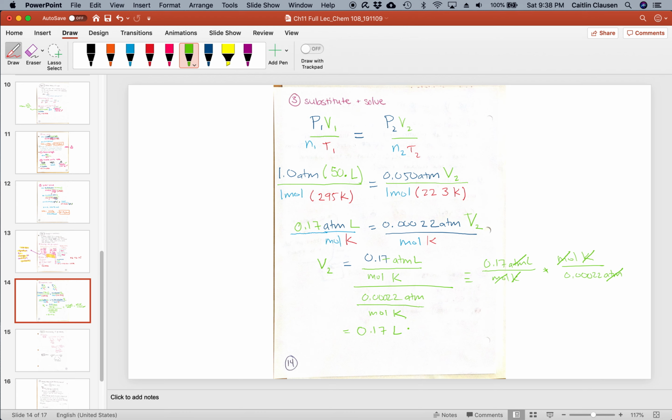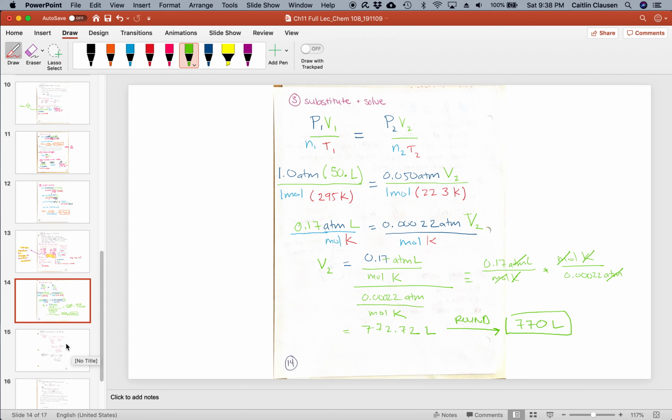No, what am I saying? It's that divided by 0.22, and that should give you 772.72 liters, which if you round to 2 significant figures gives you 770 liters.